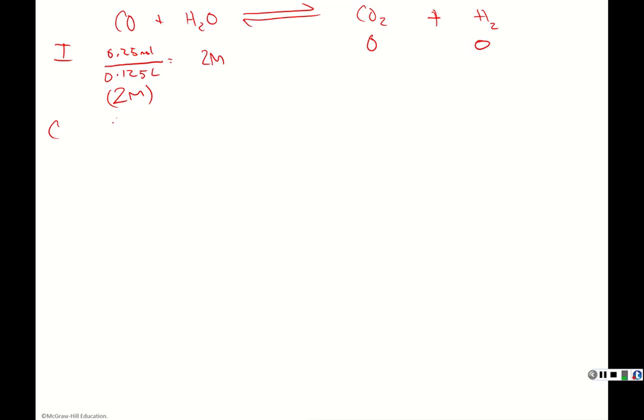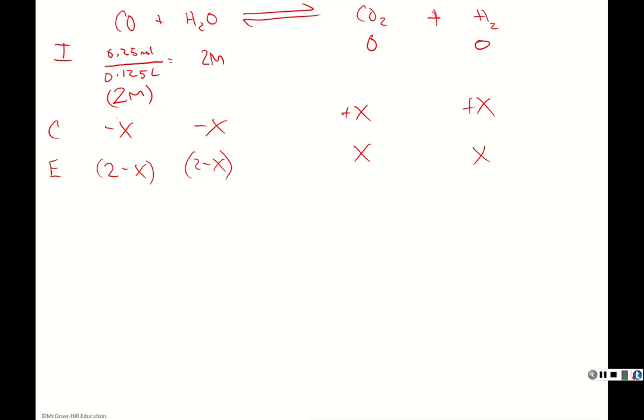So both CO and H2O are going to be minus X, and CO2 and H2 will be plus X. At equilibrium, these expressions would be 2 molar minus X for carbon monoxide, 2 molar minus X for H2O, and 0 plus X, which is just X, for both CO2 and H2.